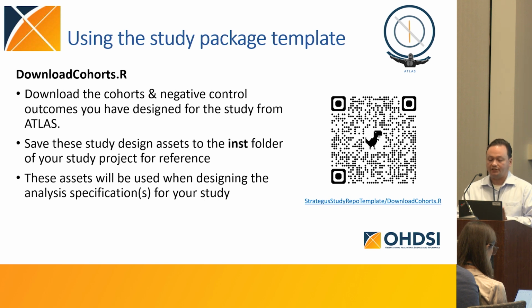And you want to have these inside of the inst folder for your study project. If you want to use the phenotype library, or you want to build your own cohort, you have the flexibility to do that. Again, these are more or less ways that you can approach building out the package. It's not a prescription, but more of an example of how to use some of the HADES packages to do that.